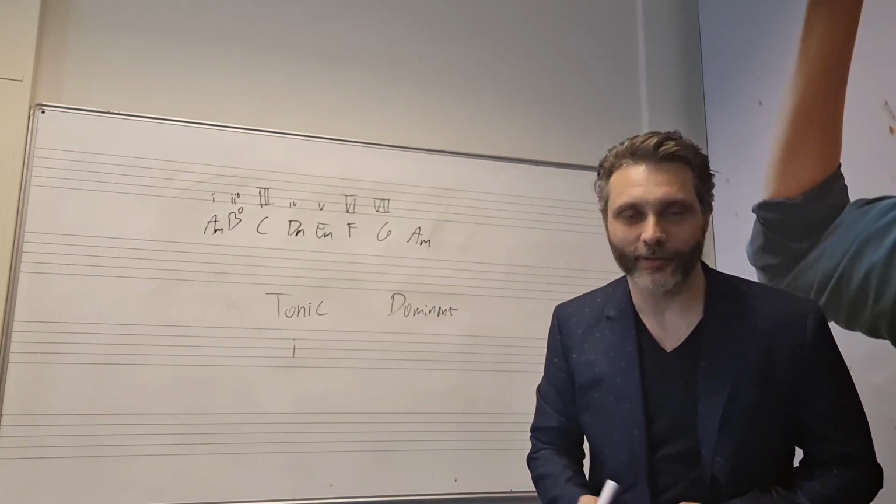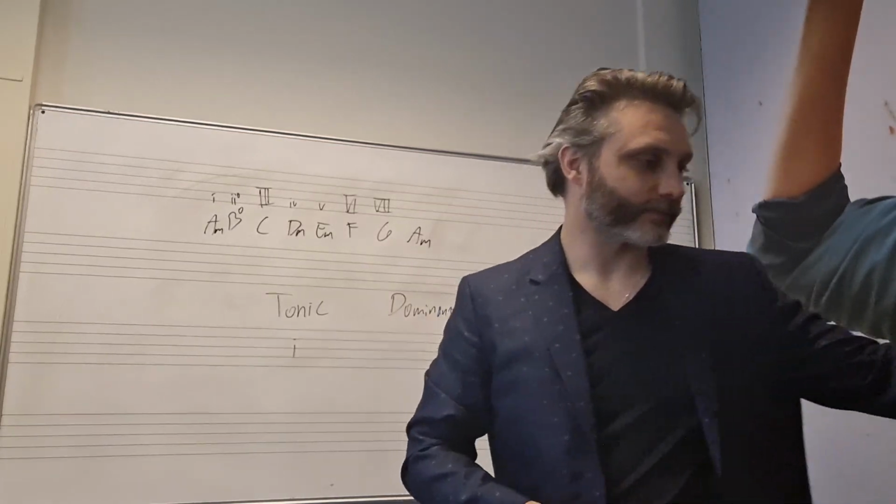Why is that a problem? Well, check this out. If I play C minor, usually in the key of C, our G chord would get us back to the C chord. So G would be our dominant.